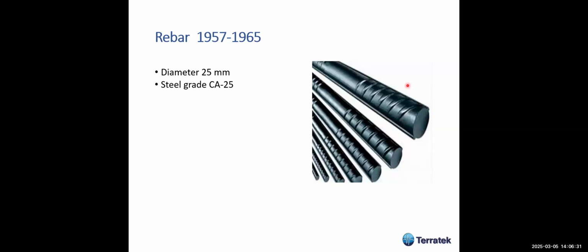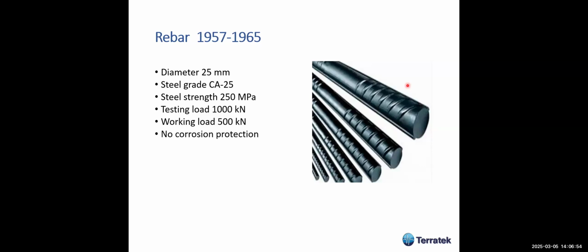The steel grade in the beginning was what we call C825. The shear strength was very low, about 250 megapascals, and the testing load was about 1,000 kilonewton, and the working load is about half of this value, so it was about 500 kilonewton. That was more or less what was used.